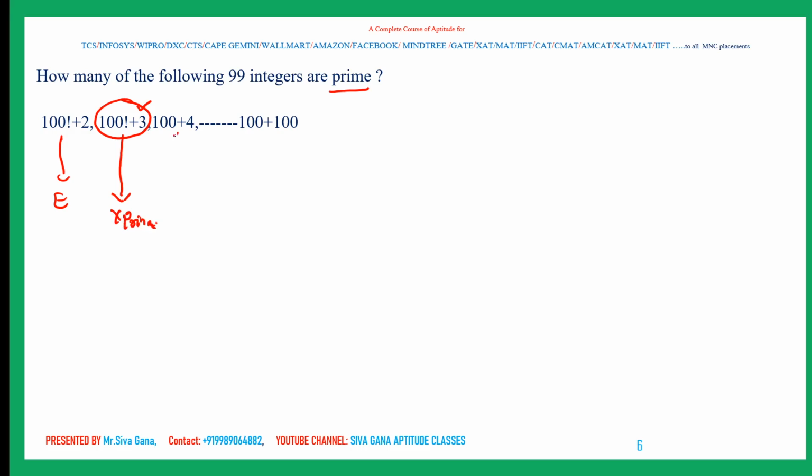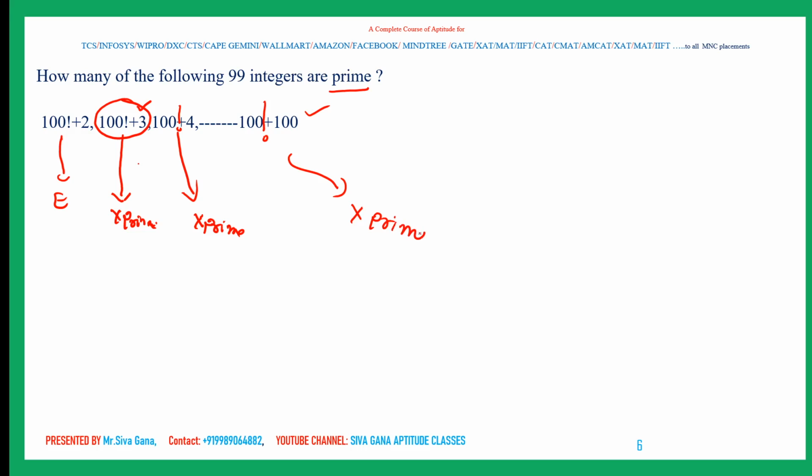Now similarly 100 factorial plus 4. 100 factorial plus 4 is divisible by 4 and also even, so not a prime number. Similarly 100 factorial plus 100. 100 factorial is divisible by 100, and 100 plus 100 is 200, so the total is even. So an even number is not a prime number since it is not equal to 2. So this is also not prime.